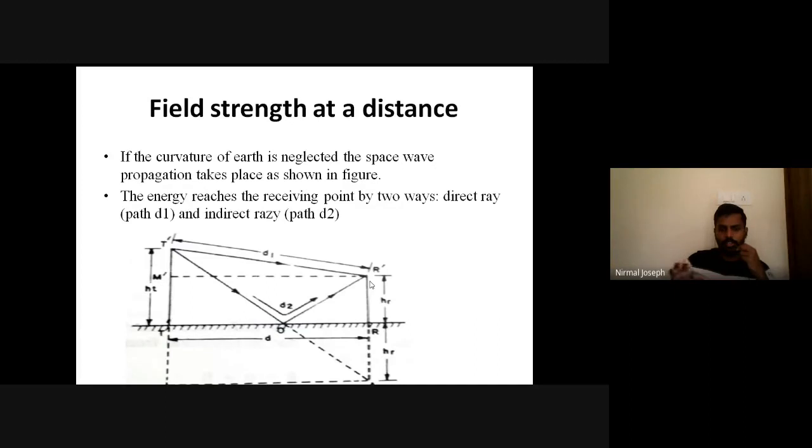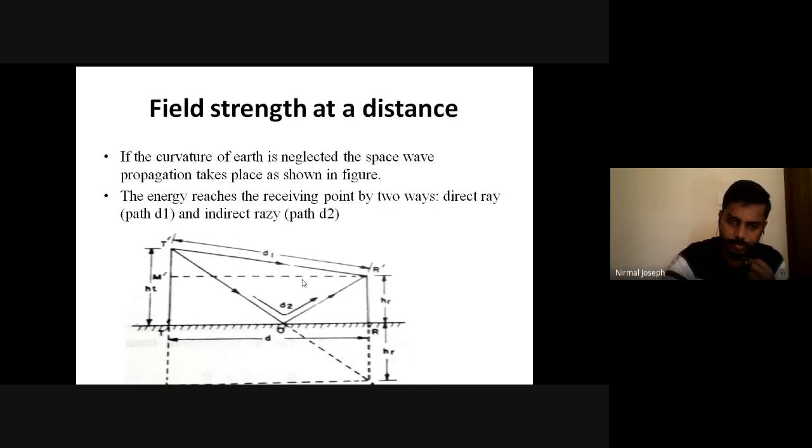Then how will we calculate the resultant of two waves? Both these waves are traveling in different paths, D1 and D2, so of course they will have a path difference. And wherever there is a path difference, there will be a phase difference.